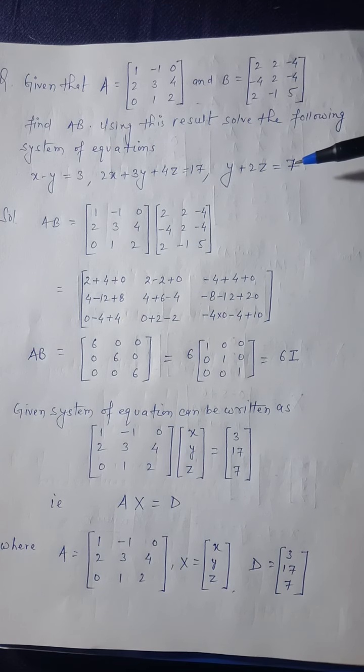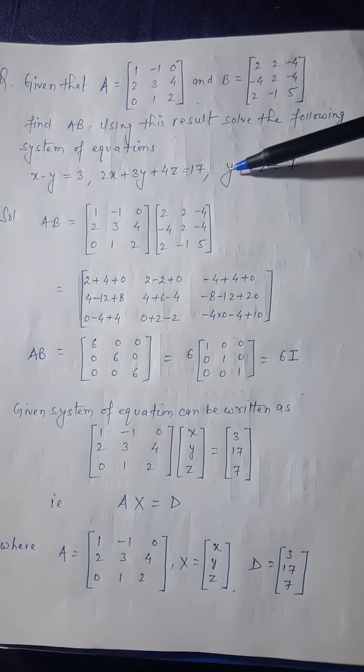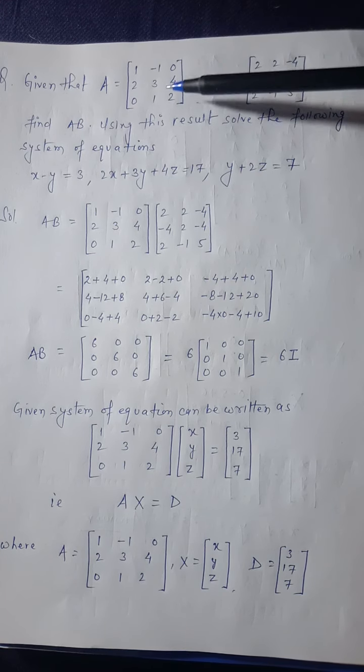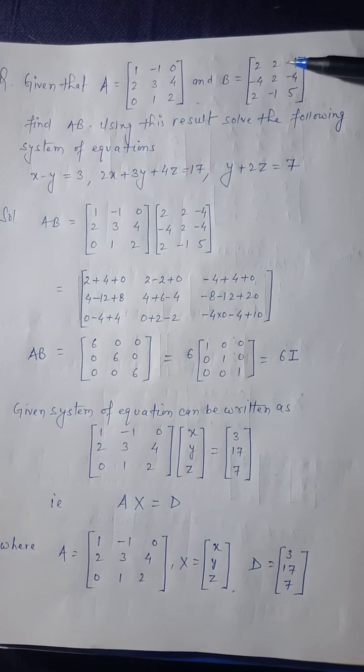But this question is different from the previous one, because in the previous question 3 equations were given and you had to solve the equations. But here 2 matrices are given, A and B, and we have to find AB.